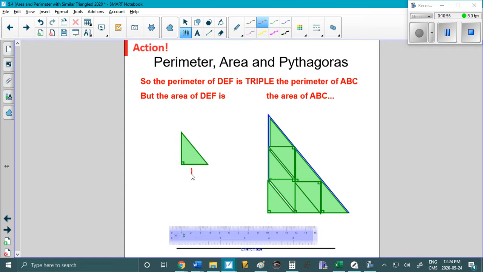So this is 1. This is 3. So it's 3 times as wide, 3 times as tall, 3 times on the angle, and let's count them. 1, 2, 3, 4, 5, 6, 7, 8, 9 times the area. So there you go. So that's kind of a way you can think about it.